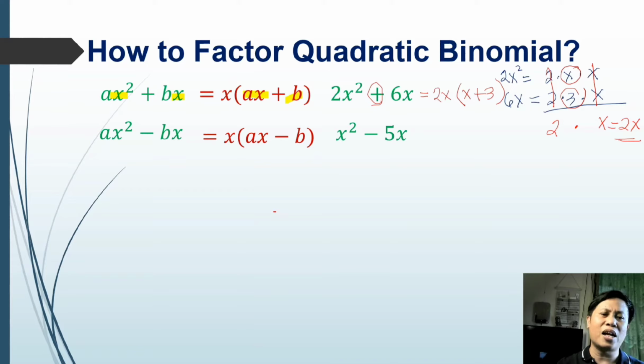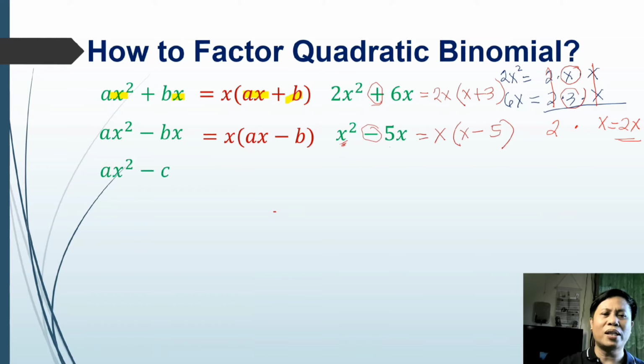So, titingnan natin ano ba yung common doon sa x squared saka 5x. The x ang kanilang greatest common factor. Pag tinanggal natin dito yung isang x, magiging x na lang yan. Tapos ito naman, magiging 5. Pero kung kopyahin natin itong sign na itong negative, minus 5. Okay? The factors now are x and x minus 5.